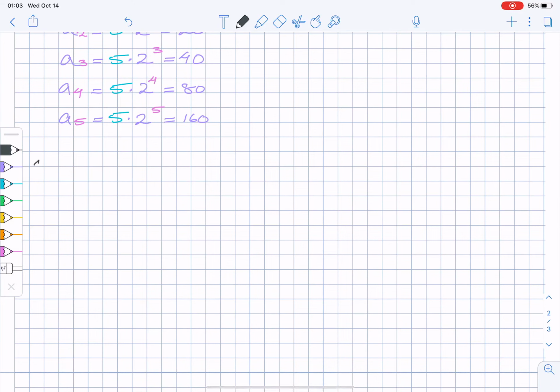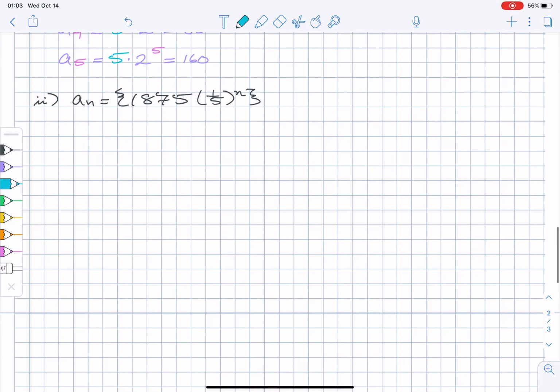Okay, so number 2. Let's say we have that a sub n is given as 1875 times the quantity 1/5 to the n. Okay, so now let's see if I can start with the correct subscript now. So a sub 0 will be 1875 times 1/5 to the 0, meaning 1.